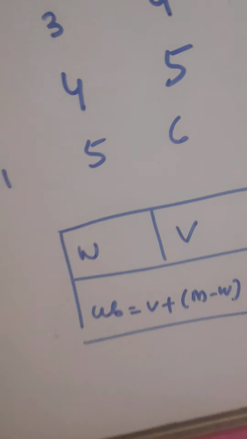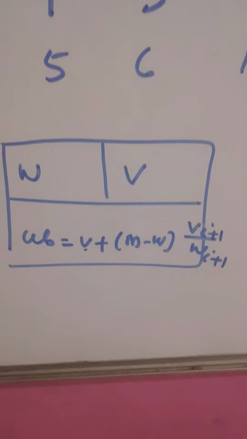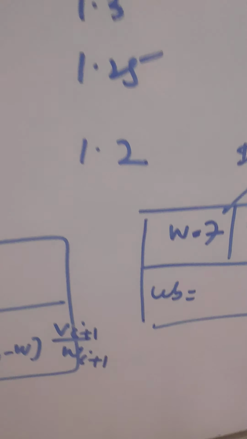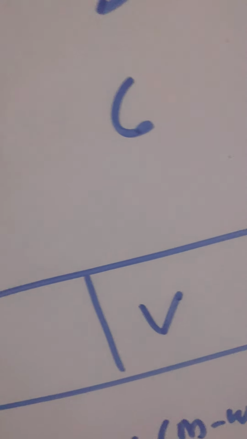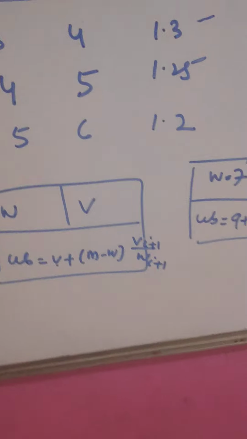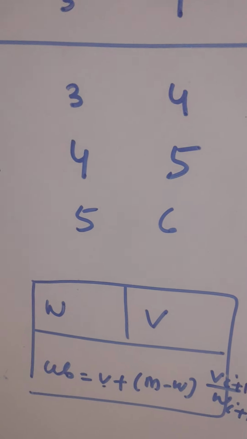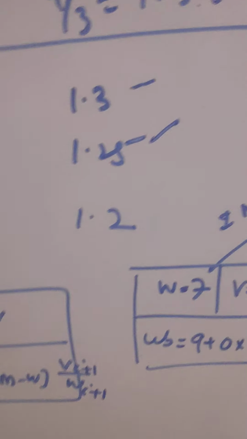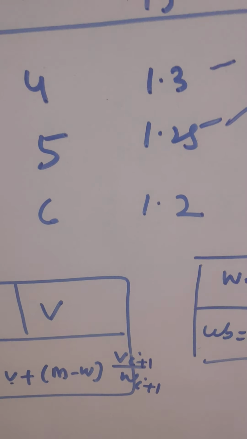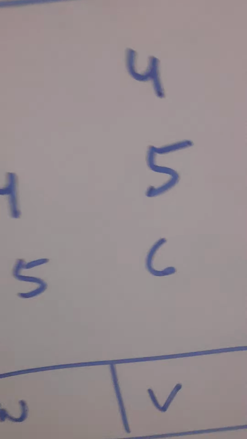So as per the formula, upper bound is V plus M minus W. V was 9 plus M was 7 and W was 7. So 7 minus 7 is 0 into Vi plus 1. First item, second item has been chosen. So next I becomes 2. So I plus 1 becomes 3. So V3 by W3 is 1.2. So it is 0. It becomes 9.